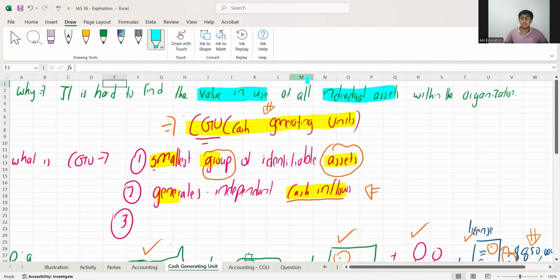It is very hard to find how much this asset will generate, how much my machine will generate, how much my factory will generate. So what they do is form a unit which consists of a group of assets, and then they allocate your impairment based on that. So this is how we do a cash generating unit.